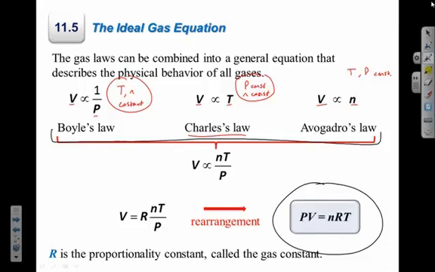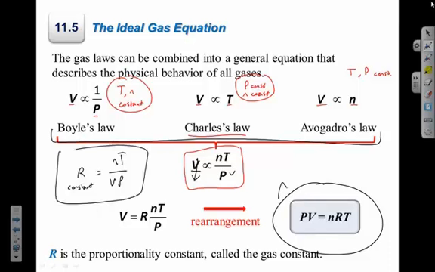But if I combine them together and look at the overall relationship, and I rearrange this formula by dividing both sides by volume, volume will cancel out. That means NT over VP is a constant. So now I have a formula. I can write it like this, or I can rearrange and write it like this.